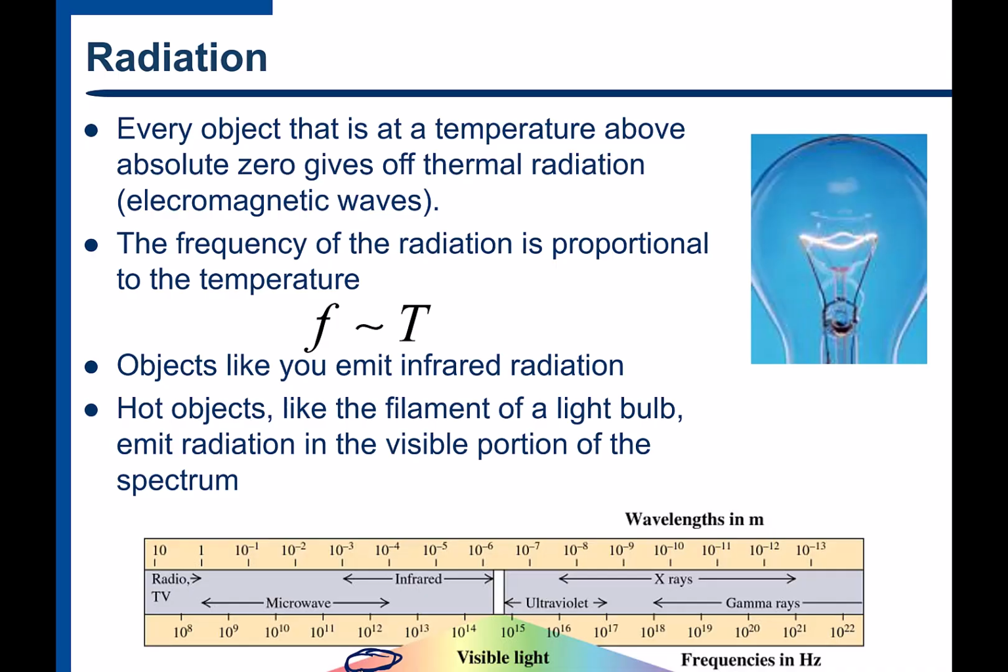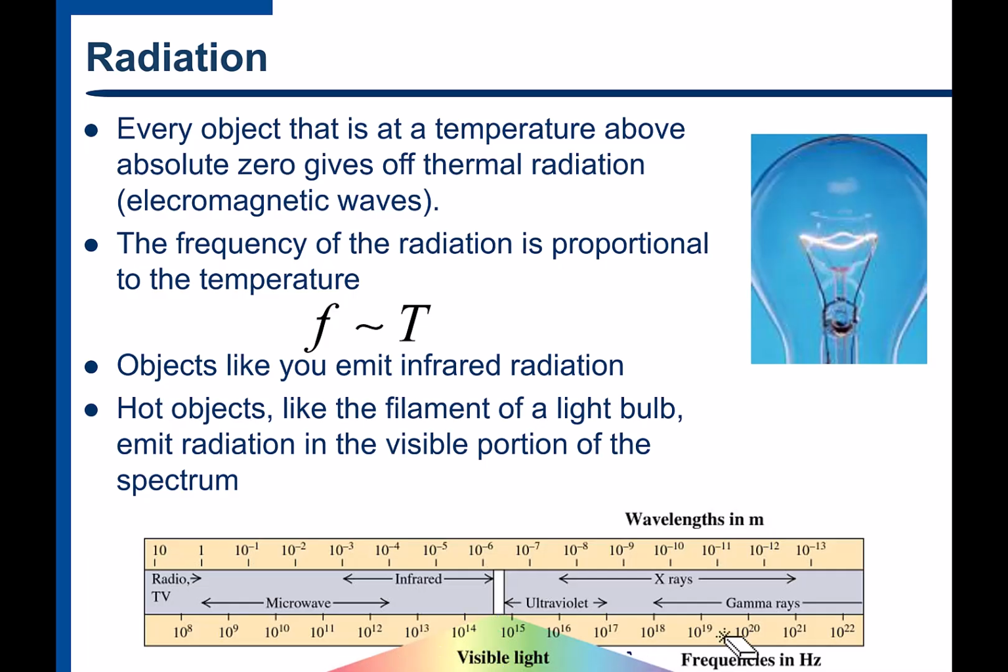But then as it gets hotter, it starts emitting across all of the colors. And when something emits across all of those colors, that's what we see as white light. So white light is simply the combination of all the different colors of the visible part of the spectrum. So again, red light is at a lower frequency compared to violet light. And yellow-green is right in the middle.